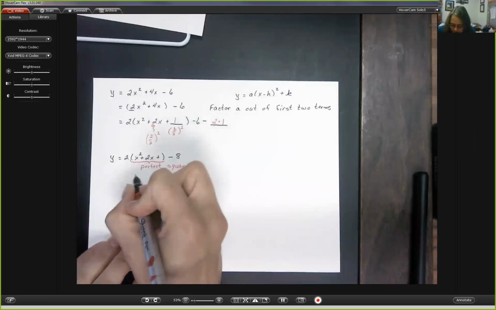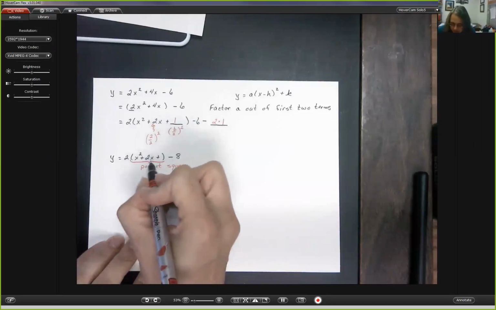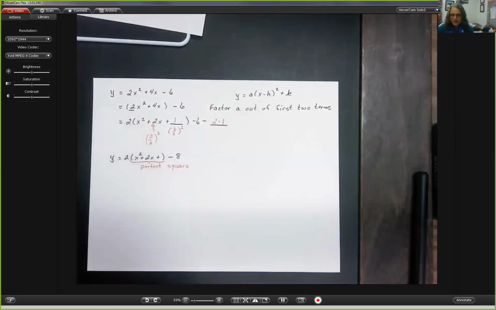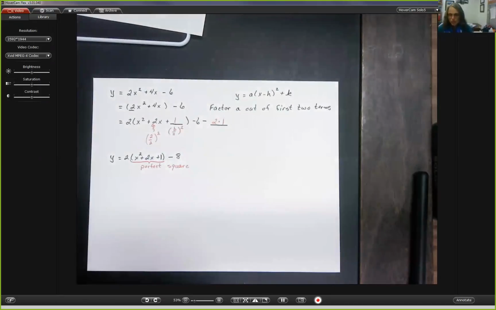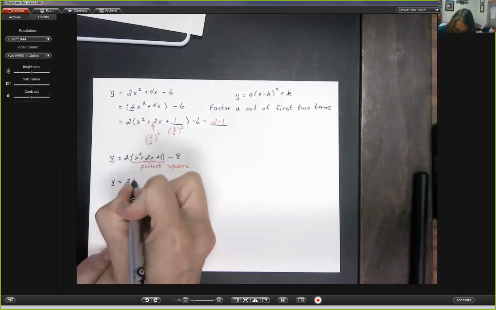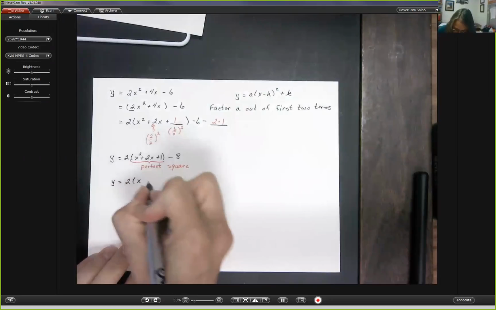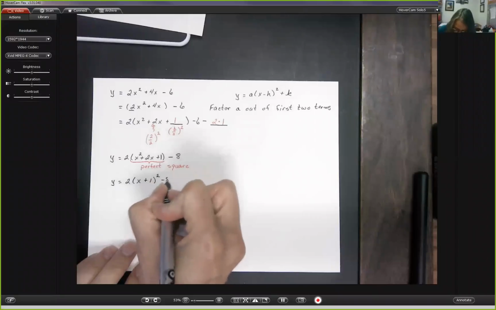It will always factor as x plus the square root of whatever I added. In this case, I added 1. So that always factors as 2, in this case, times x plus 1 squared minus 8.